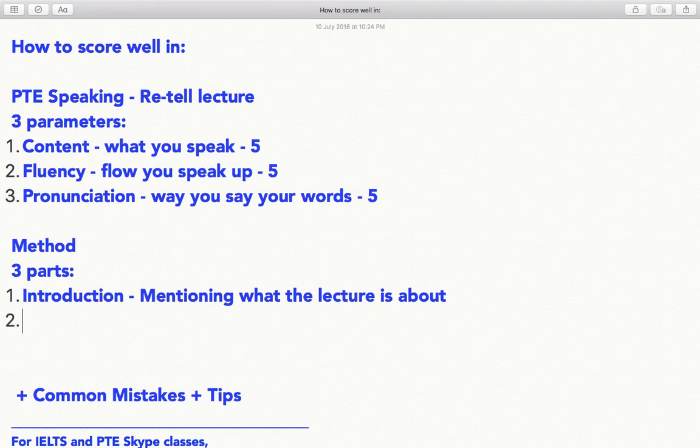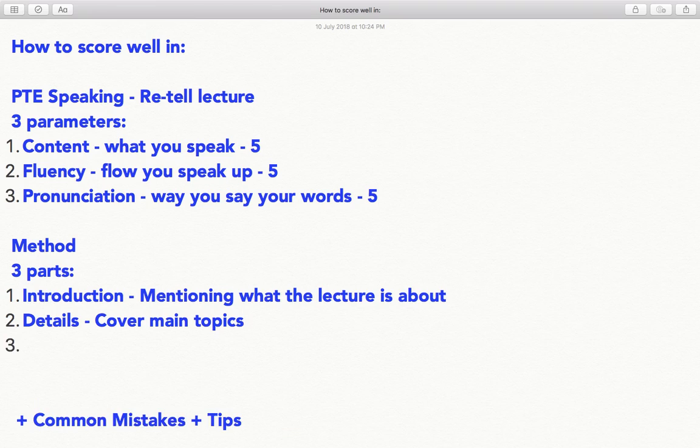Second one is details, where you cover the main topics and only the main topics, not examples, not figures, not words, not numbers, just the main topics. Do not focus on examples or any other vague stuff, just the main idea. And number 3, conclusion, where you provide an overview of the lecture.